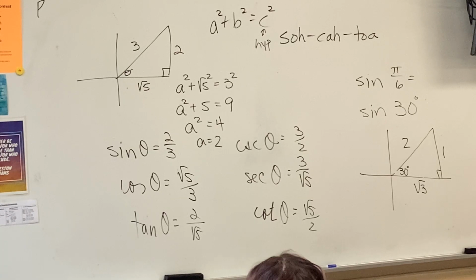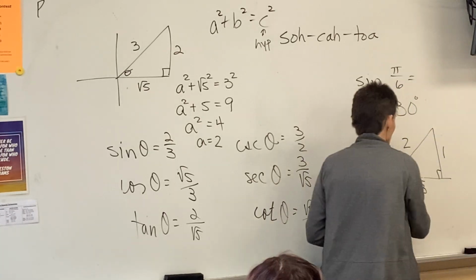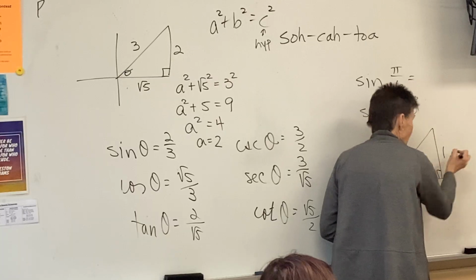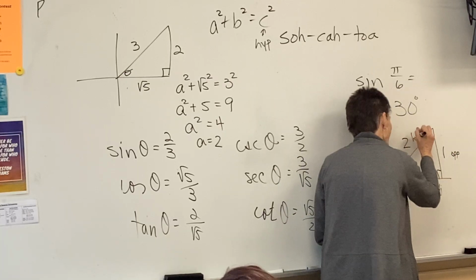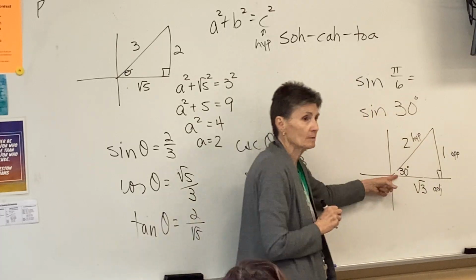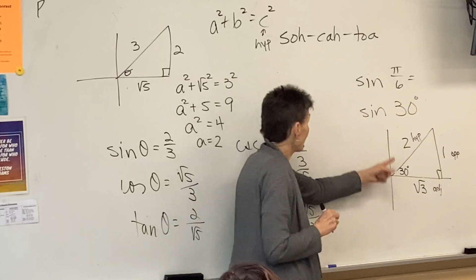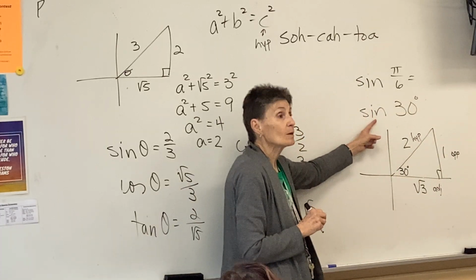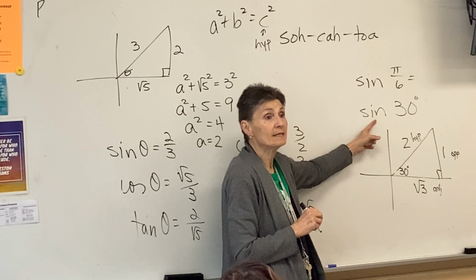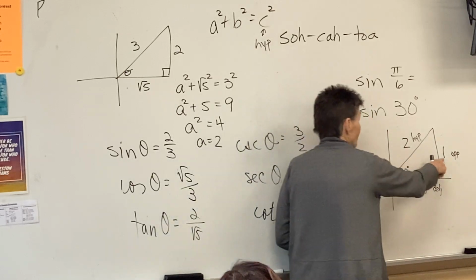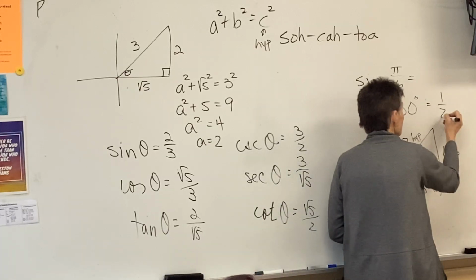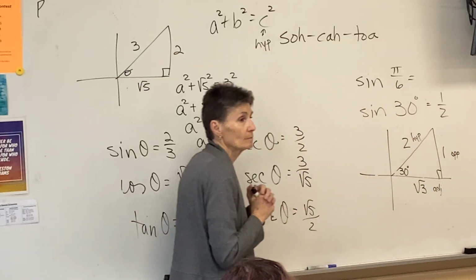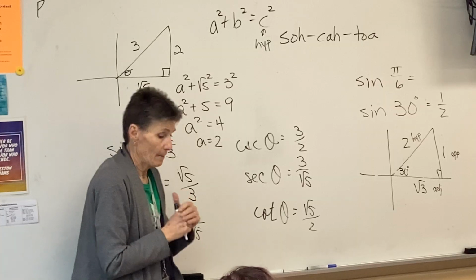Okay? Now, wait a second. Wouldn't this be the opposite side, and the adjacent side and the hypotenuse, if that's my angle? And I want the sine. What do I know about sine? Sine is opposite over hypotenuse. So the answer is 1/2.